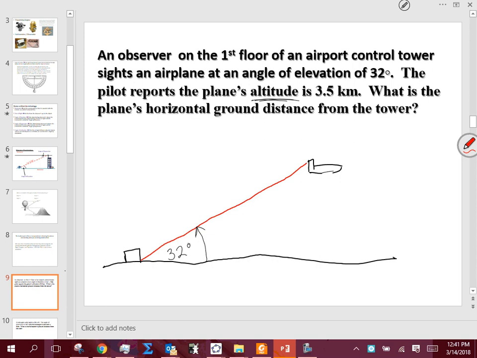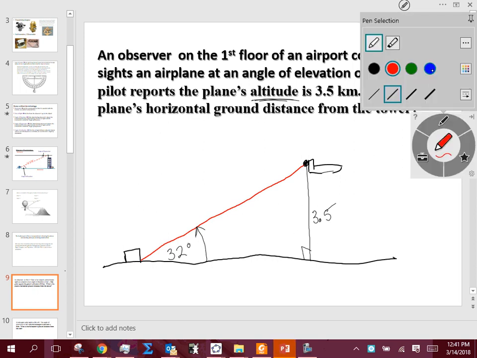It goes back to a very simple postulate we talked about, that from a point to a line, the shortest distance is using perpendicular lines, right? And that's the altitude. And they say it's 3.5 kilometers.